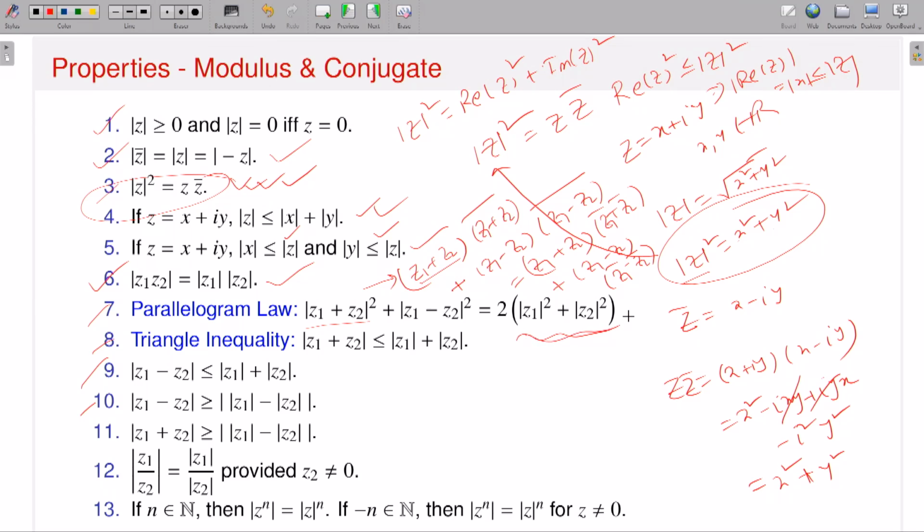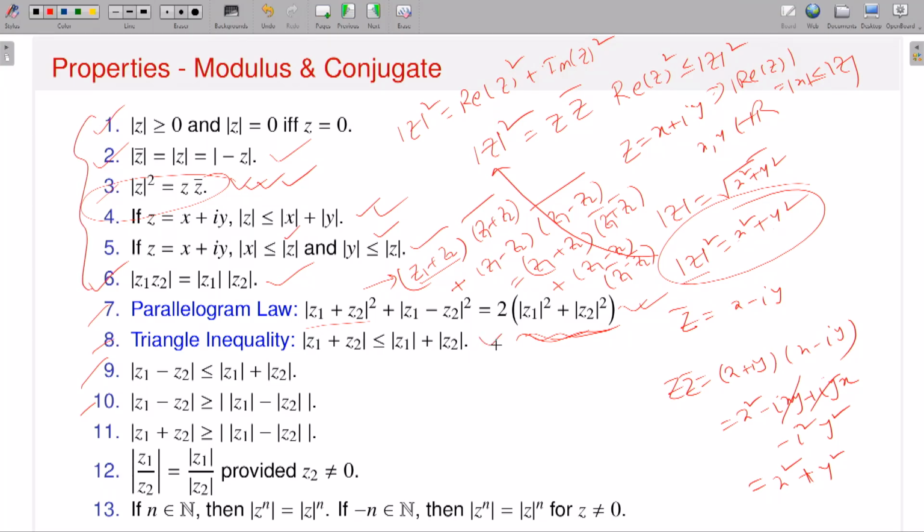The cross terms will get cancelled, that means z1 z2 bar and z1 bar z2 cancel. What will remain is 2 times z1 z1 bar plus z2 z2 bar, that means 2 times modulus of z1 square plus mod of z2 square. I am not doing the full proof, but using the definition of bar and the earlier properties 1 to 6, you will be able to prove that.